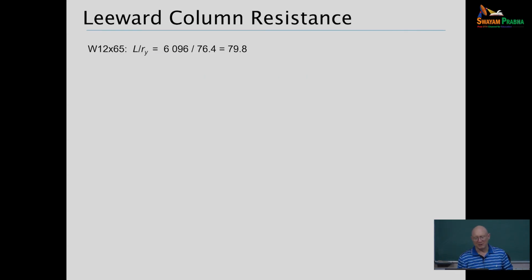All right, so let's do a leeward column resistance check. So I get a little bit into the resistance calculations here. And so with the direct analysis method, we need to basically look at flexural buckling of the column either out of plane or in plane.